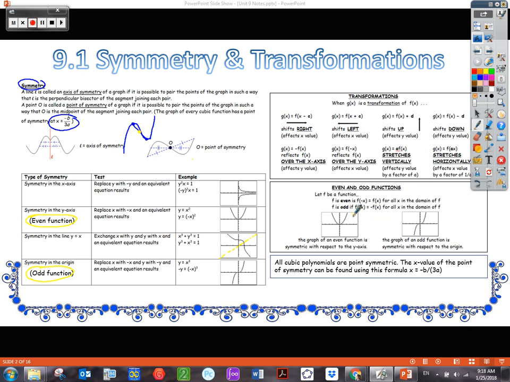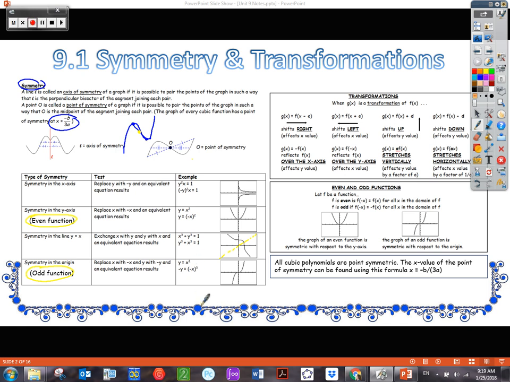What we do is we replace x with negative x and y with negative y, and if we get the same thing we started with, we are good. We're replacing x with negative x and y with negative y, and basically that is the same thing we started with.